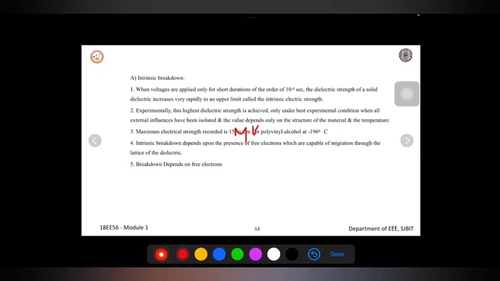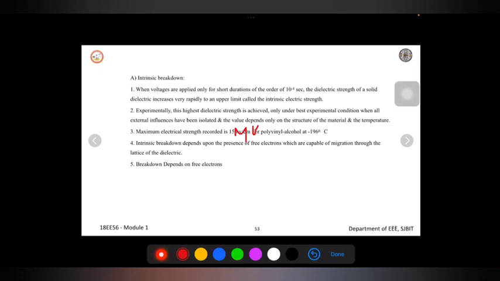So this intrinsic breakdown depends upon the presence of free electrons which are capable of migrating through the lattice of the dielectric. Usually a small number of conducting electrons are present within the dielectric, a very small amount of conducting part.